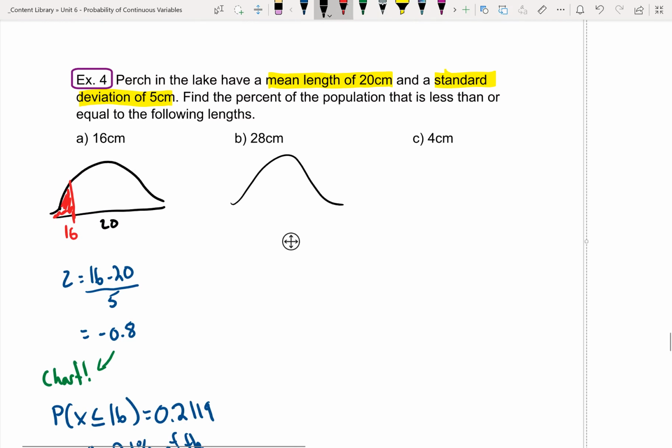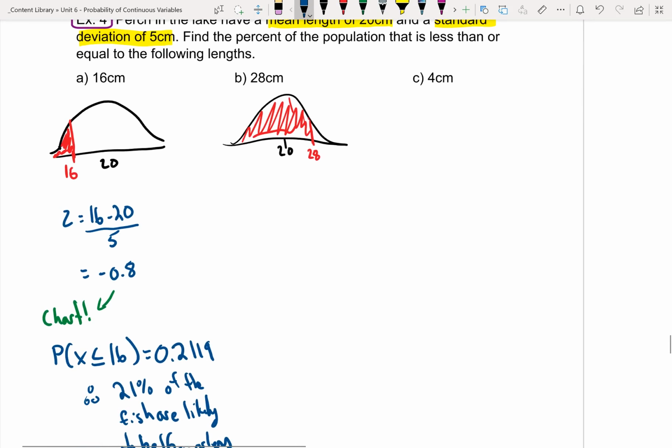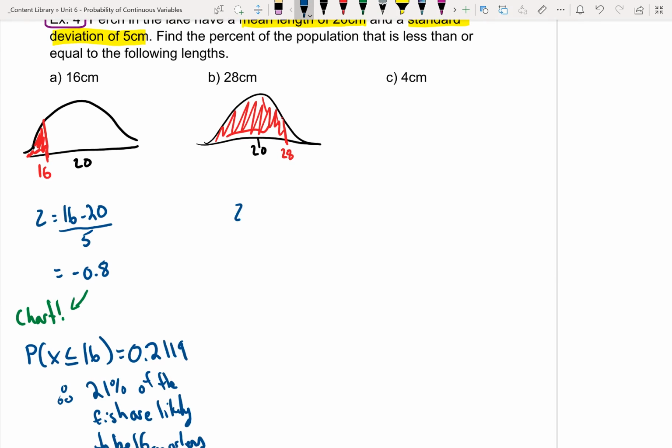Again, if I look at a normal distribution, 20 is in the middle, and I'm looking for 28 centimeters, so 28 is above, so I'm looking for the area underneath the curve from this section on. So again, I'm going to use my z-scores. So z is equal to 28 minus 20 divided by 5, which I get as 1.6.